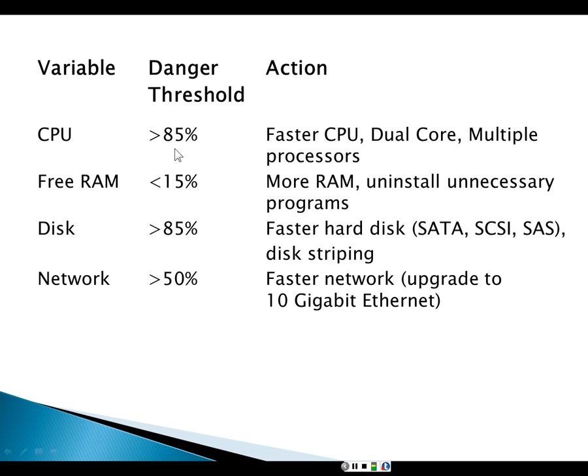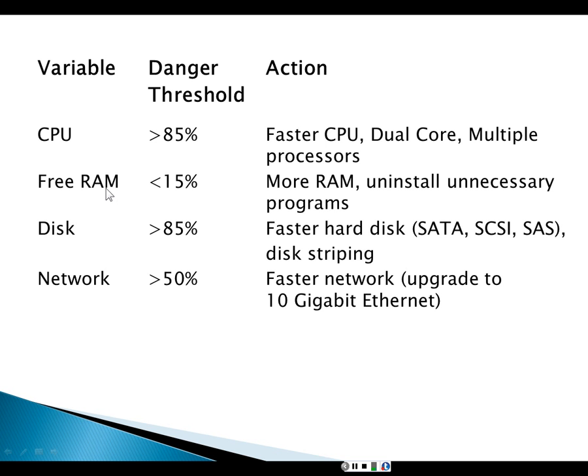I don't mean it occasionally spikes to 85%. I mean it's sitting at 85 to 95% all day long. If that's so, you could get a faster CPU, or get a dual core processor, or quad core processor, or get multiple processors, or maybe even move some of the virtual machines to a different ESXi host.